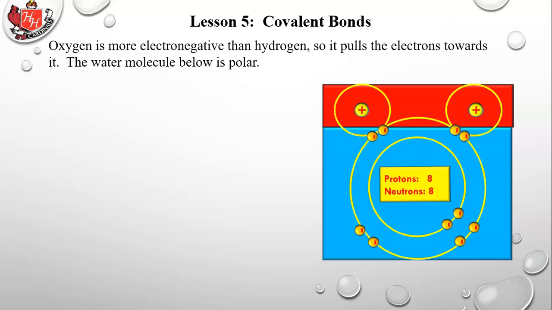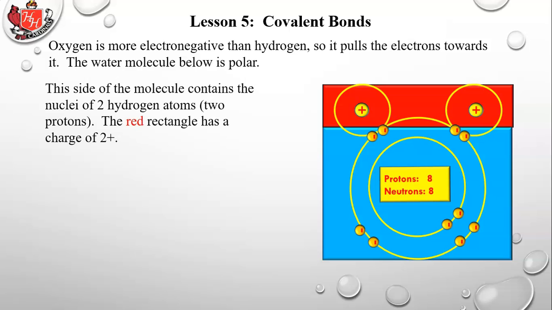Oxygen is more electronegative than hydrogen, so it pulls the electrons toward it. The water molecule below is polar. So we're going to section off this water molecule here. The two hydrogens are up on the top, and then the oxygen is down mainly in the blue there, and it has 8 protons, 8 neutrons.